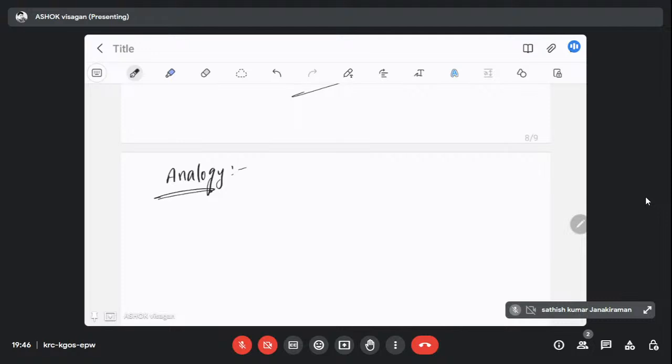Analogy is a very simple one, and we have three types here also: number analogy, letter analogy, and word analogy.